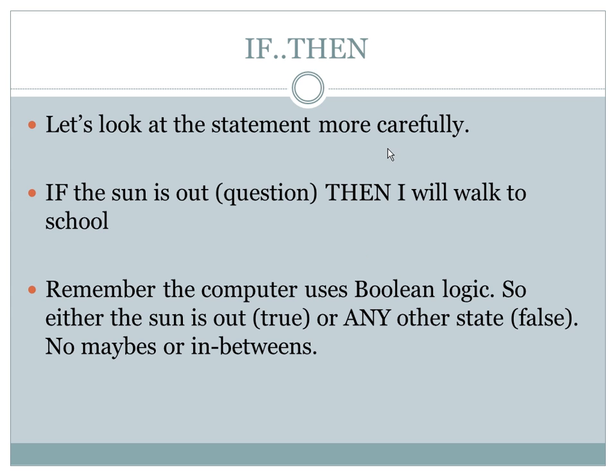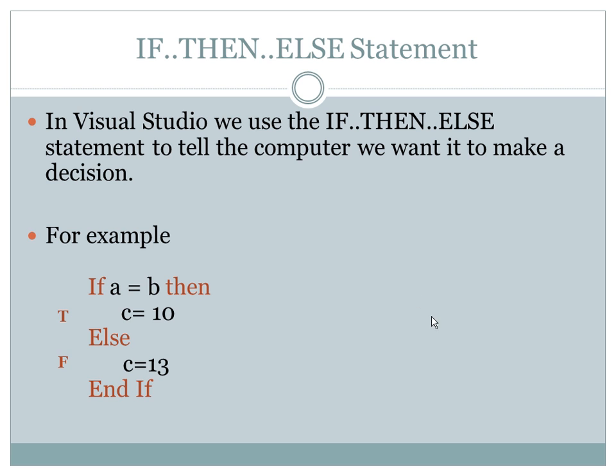Now, you can have another if statement that is going to look at whether or not the condition is false. So basically you can look at it and say, if this condition is true, I want these statements to execute. Otherwise, please execute these other statements no matter what. To do that, we're going to use an if then else.